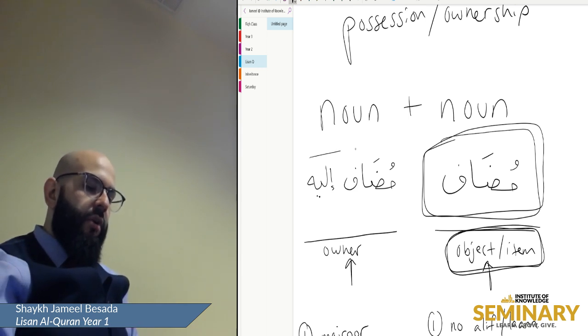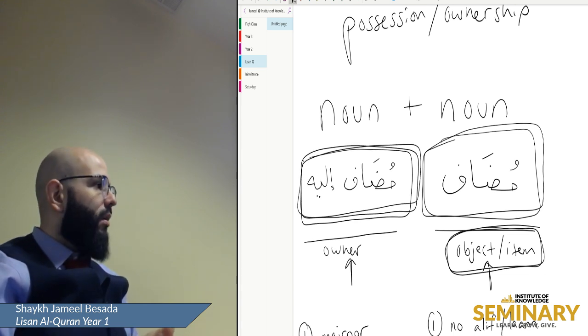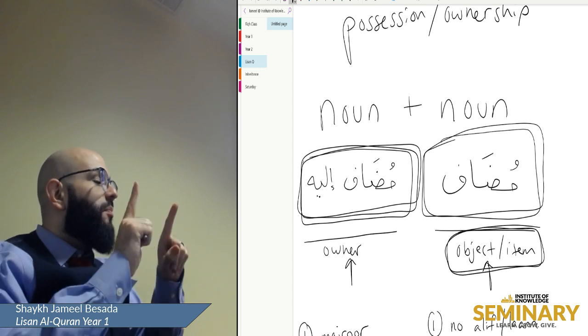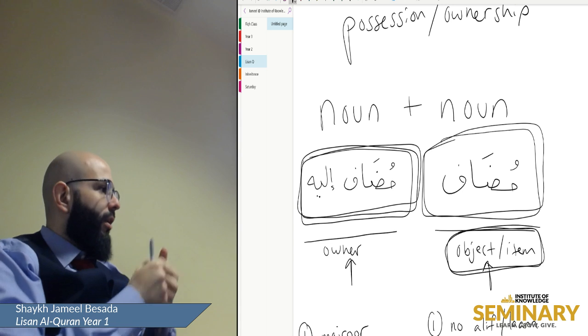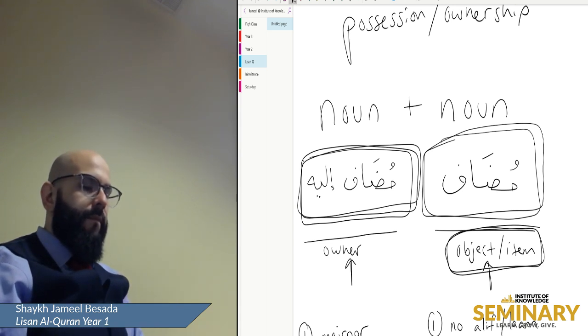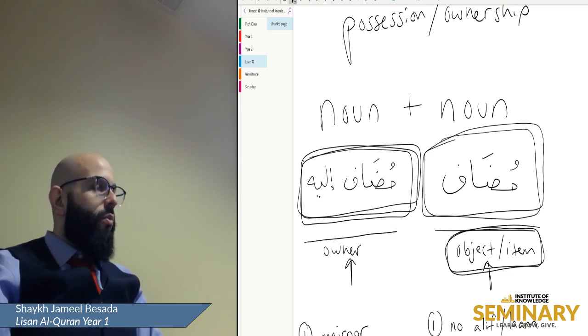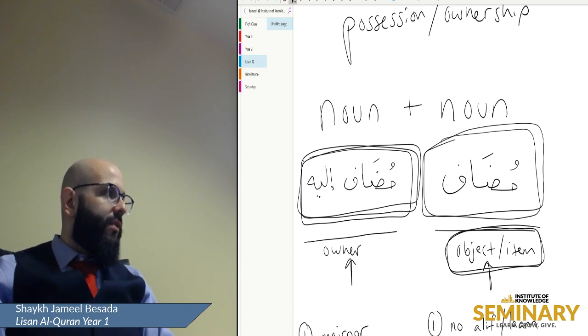The second noun is the mudaf ilayhi. The thing that it's being ascribed to, meaning the owner. Okay? Each one of these two, the mudaf and the mudaf ilayhi, have conditions.